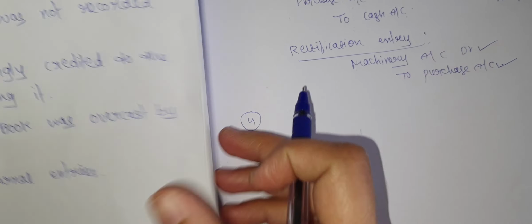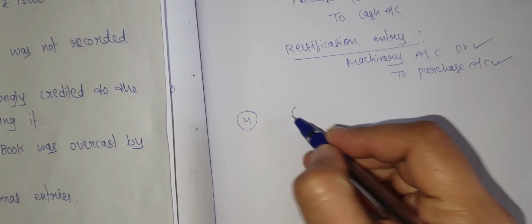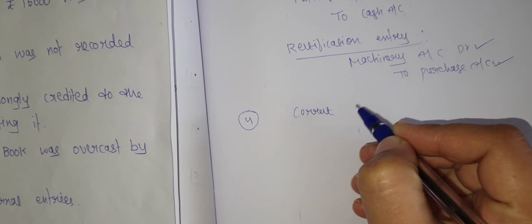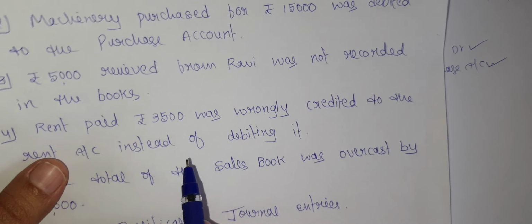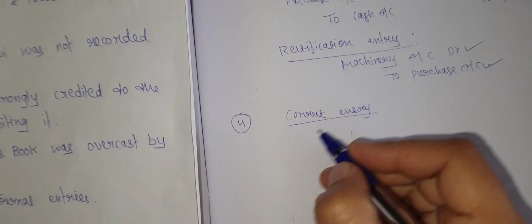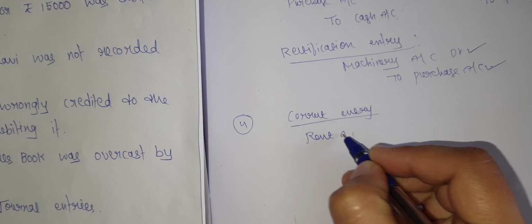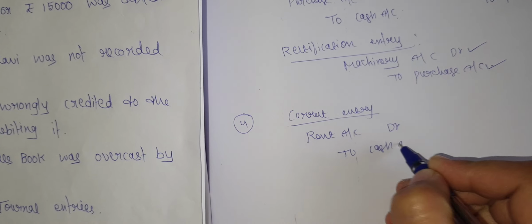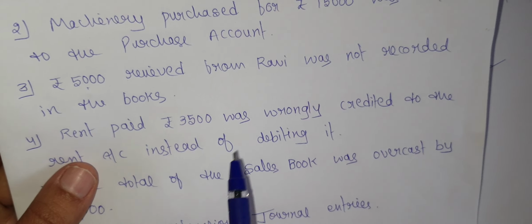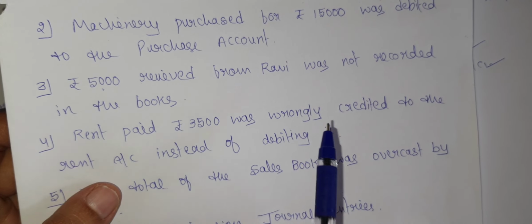Fourth transaction, rent paid. What is the correct entry? First write down the correct entry here. Rent account debit to cash account. This is the correct entry. But here, what is the error?